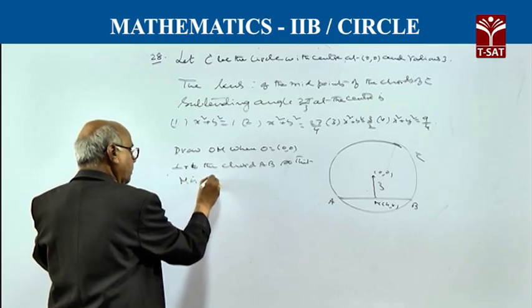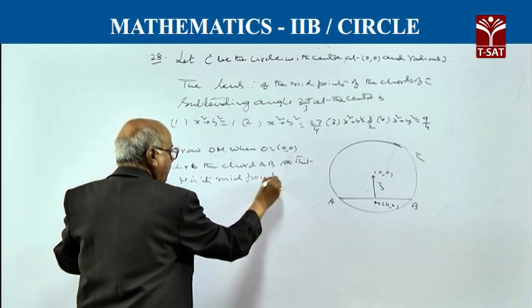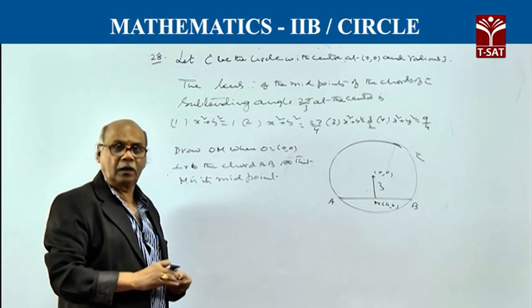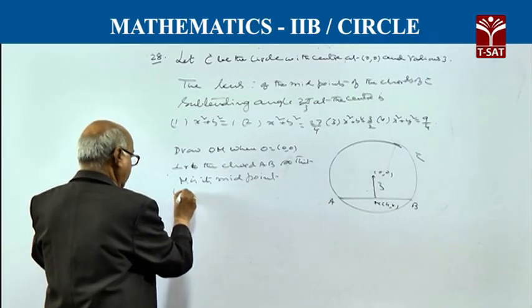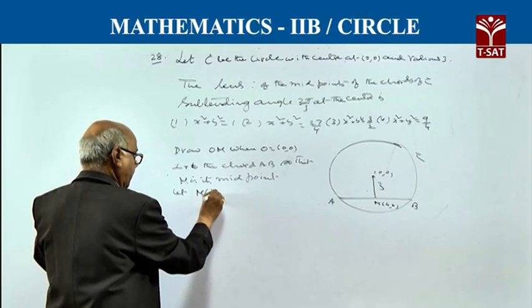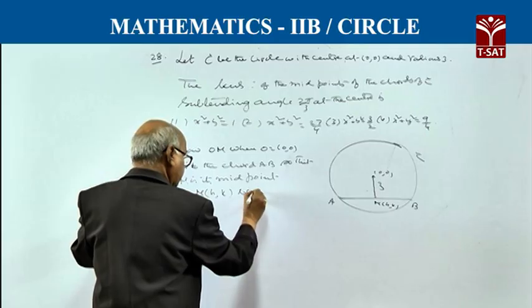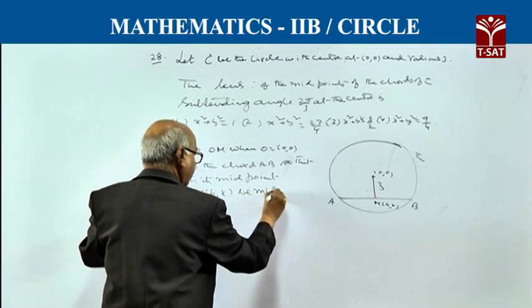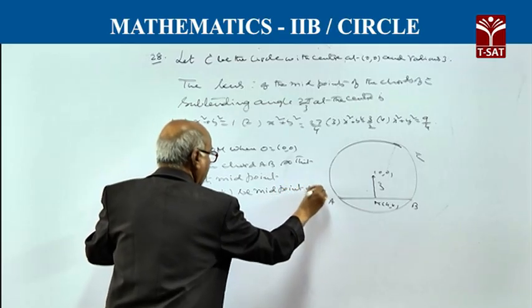This is a fundamental property in circles: if you draw a perpendicular from the center of the circle to a chord, it will bisect the chord itself. So let M be the midpoint of the chord.